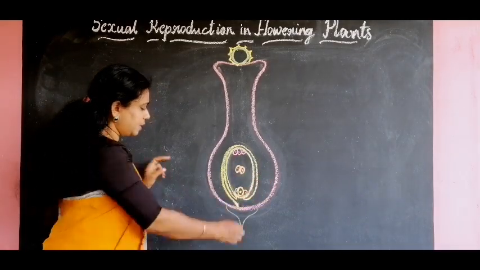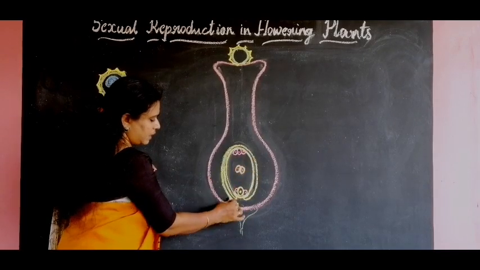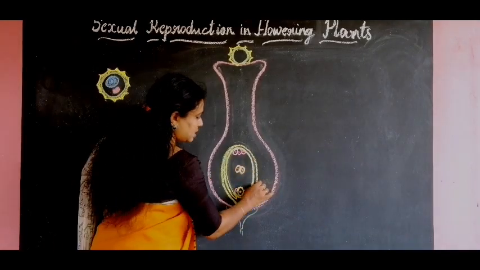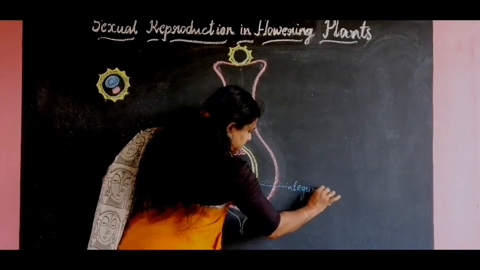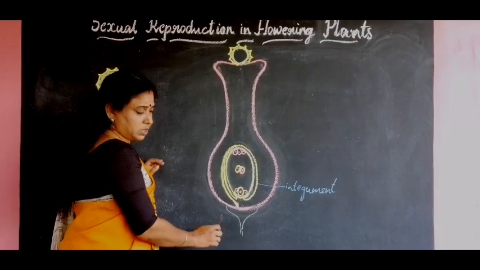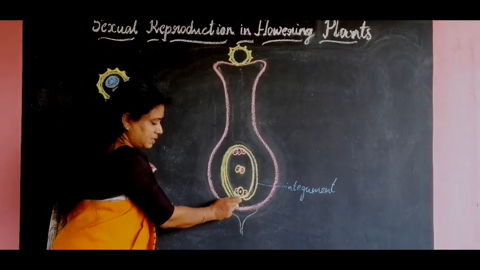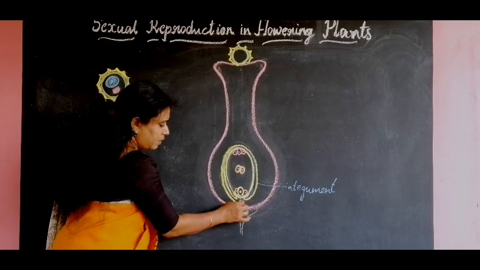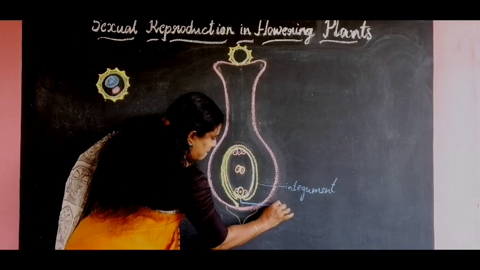The ovule is there, and the ovule is covered by a structure called the integument. Here at the basal part, a small opening is there, which is called the micropyle.